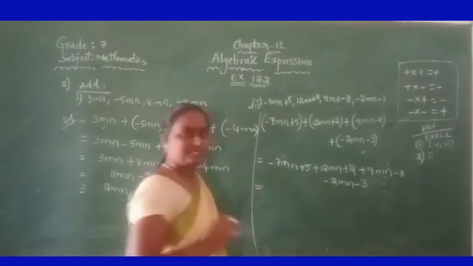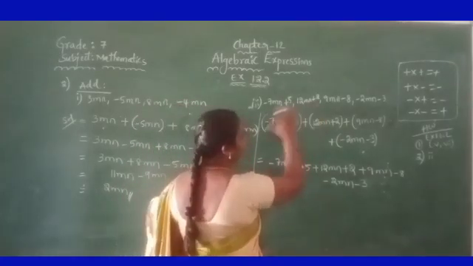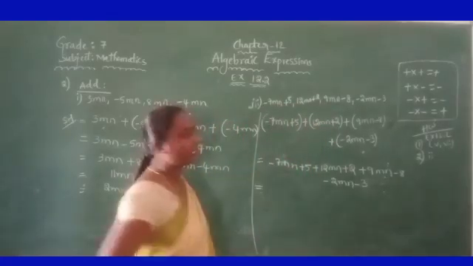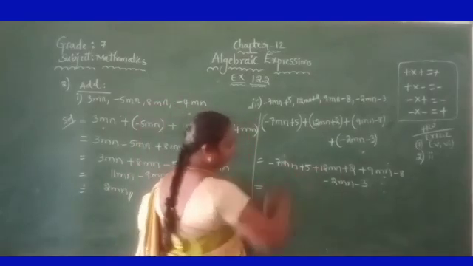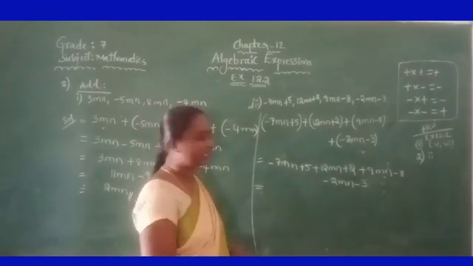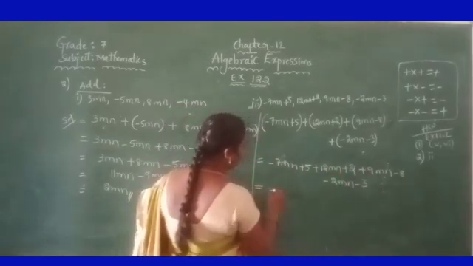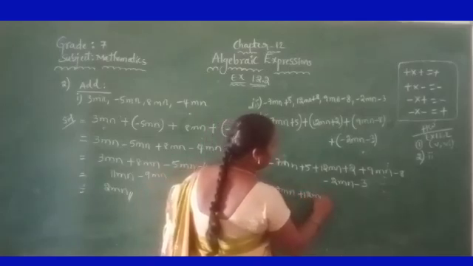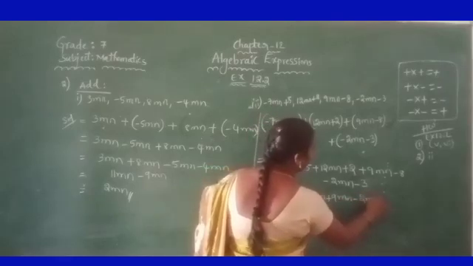Okay, children. So whenever you are adding all the terms, keep one bracket, after that you simplify. By applying the standard operations, then it is easy, right? So now bring all the like terms to one place. So here mn's, how many mn's are there? Minus 7mn plus 12mn plus 9mn minus 2mn.